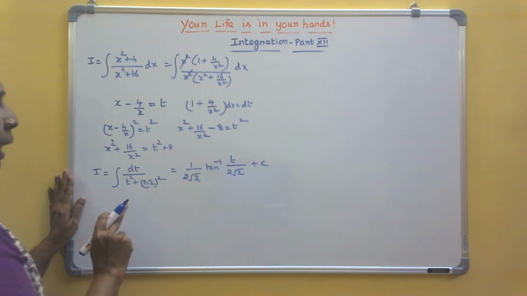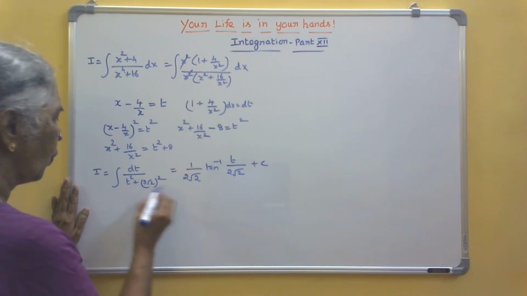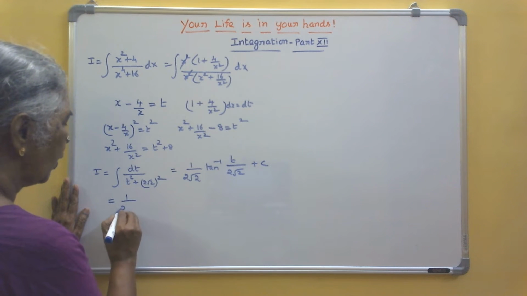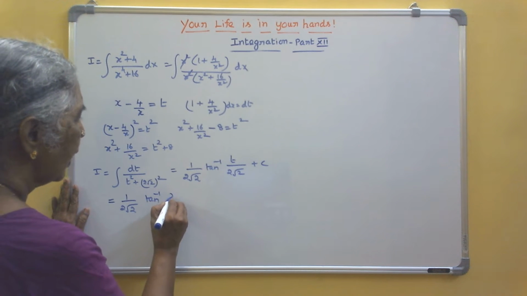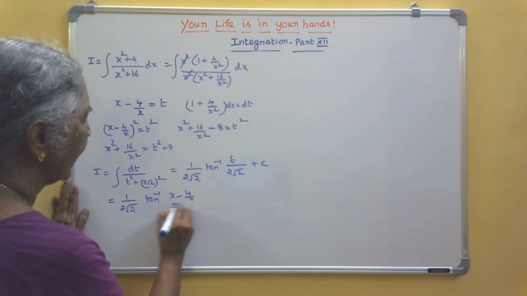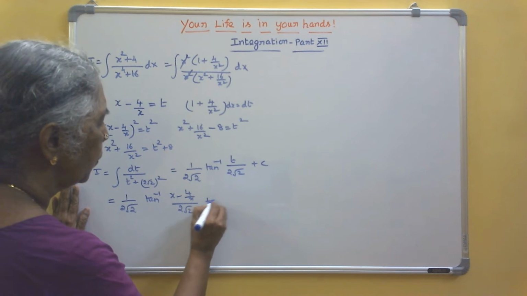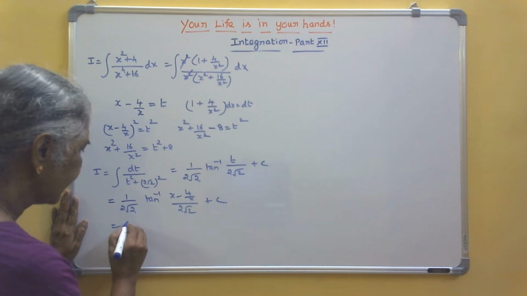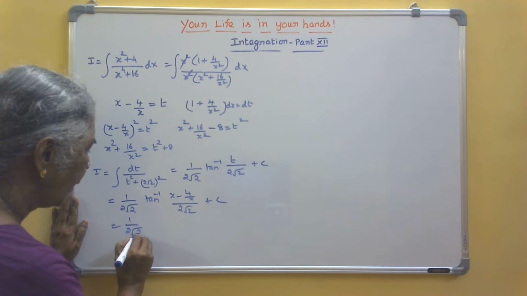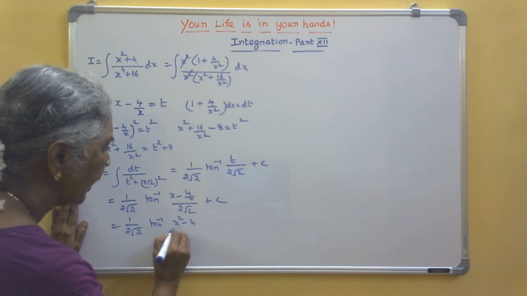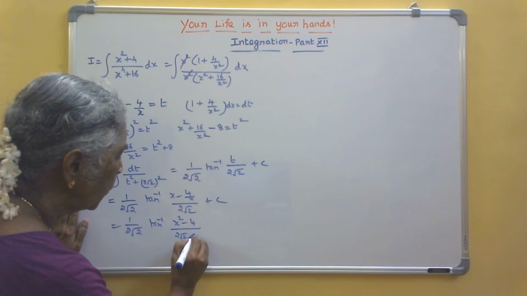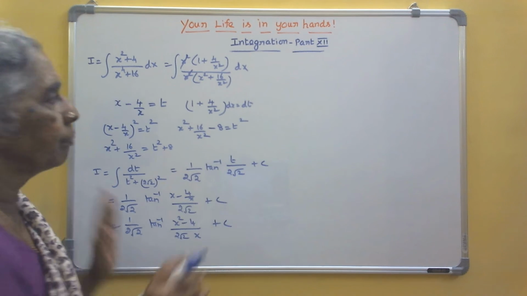Now what is t? t is x minus 4 by x. So you will get 1 by 2 root 2 tan inverse of (x minus 4 by x) by 2 root 2, plus c. Take x as the LCM. So 1 by 2 root 2 tan inverse of (x squared minus 4) by 2 root 2 x, plus c.